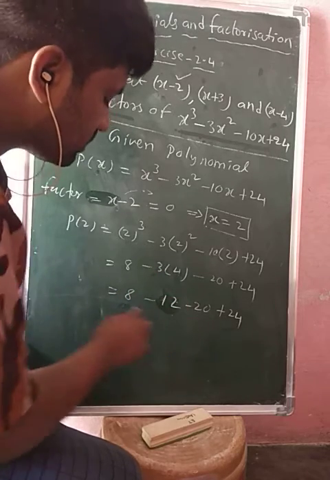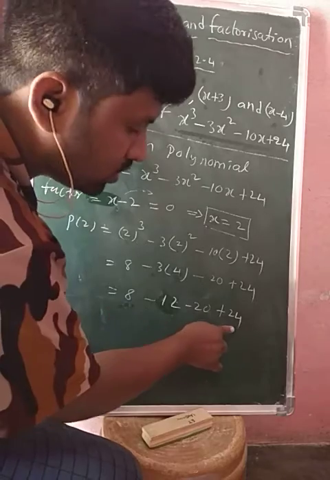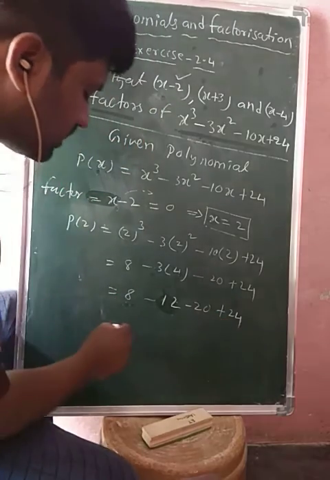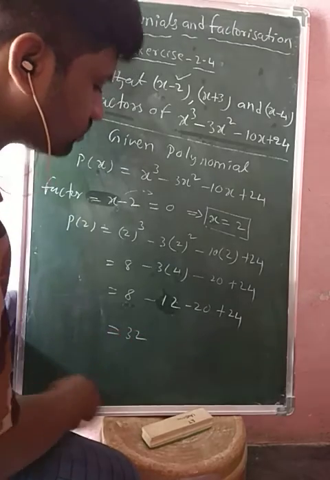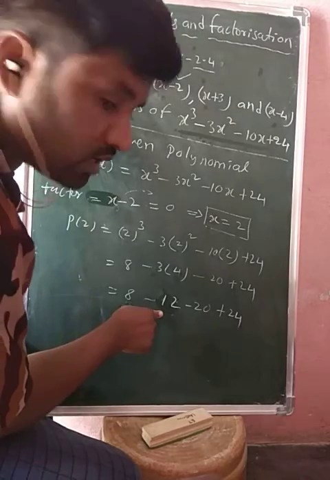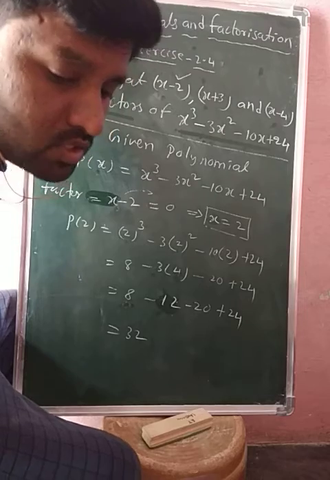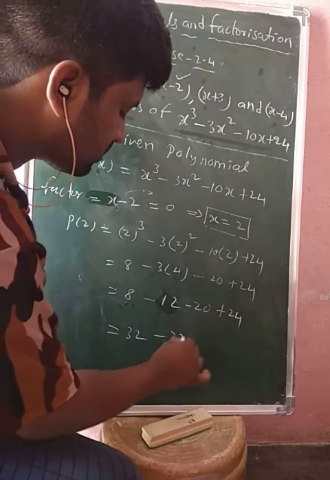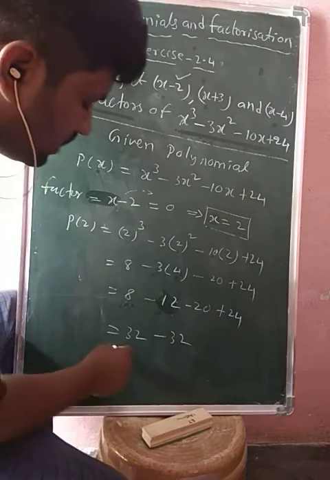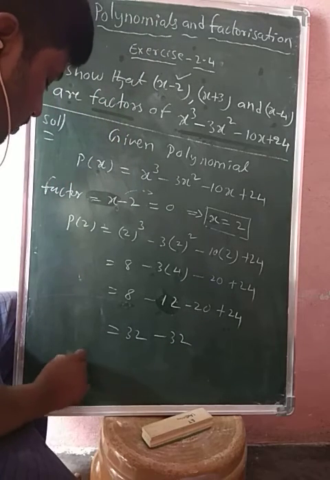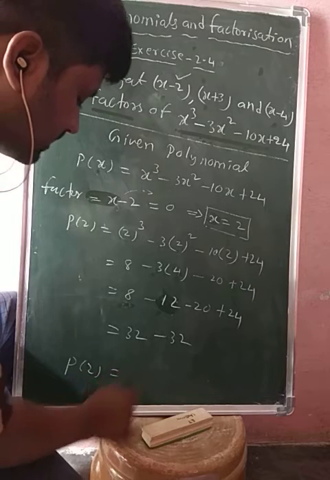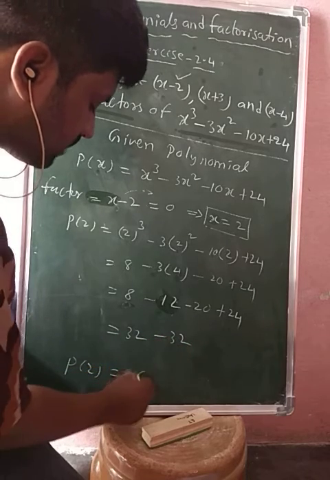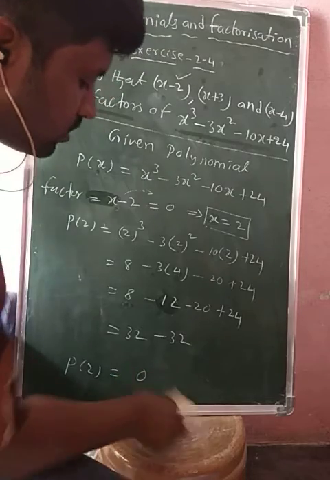So here 8 is positive, 24 is positive, so 8 plus 24, that is what? We get 32. Here minus 12 minus 20, that is also minus 32. Clearly p of 2 is equal to 32 minus 32, that becomes what? 0.